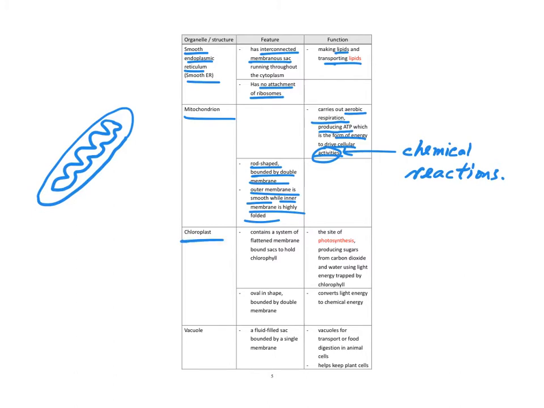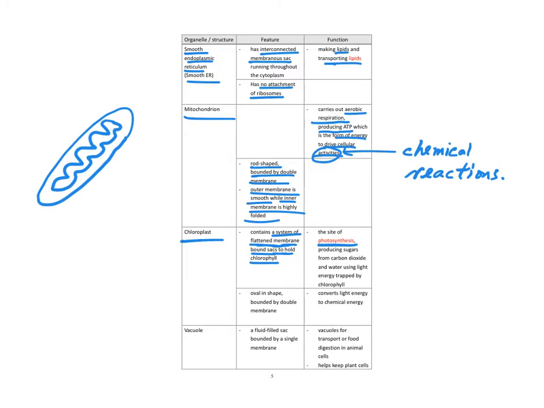Chloroplast is responsible for photosynthesis. It has a system of flattened membrane-bound sacs to hold chlorophyll, the name of which you will learn later.